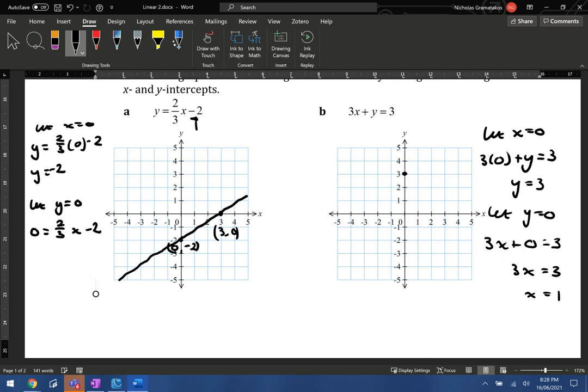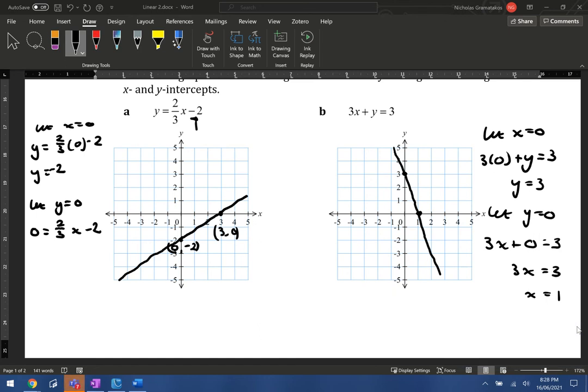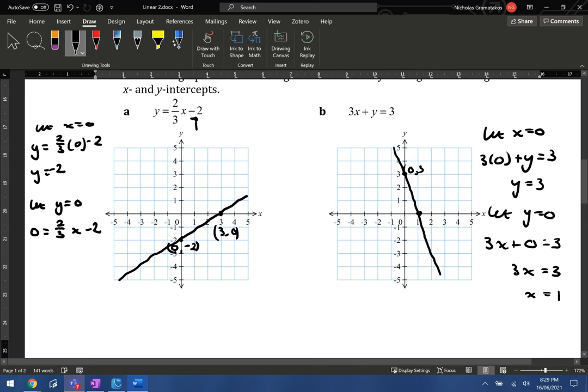That must mean x equals 1. And then I draw my straight line. And again, we will put in our intercepts. So it's going to be 0, 3, and 1, 0. Beautifully done.